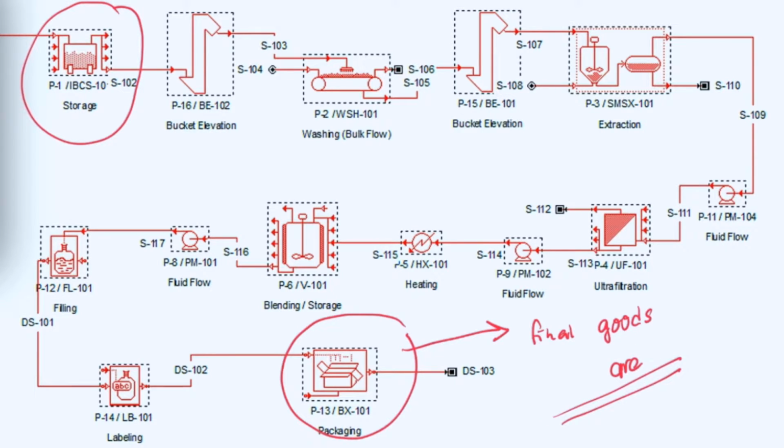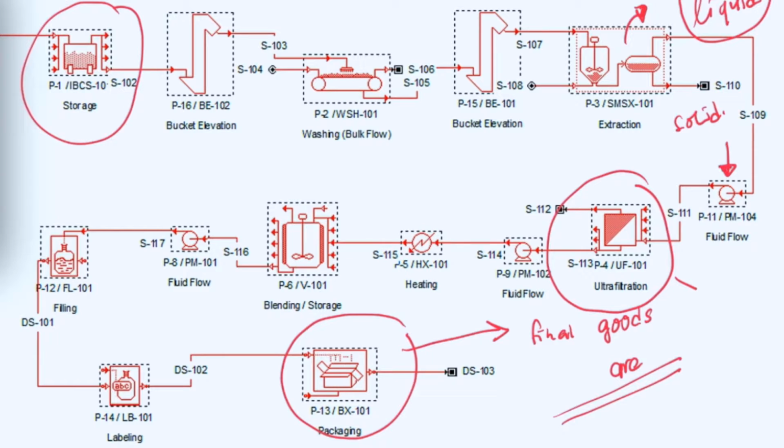Okay, so this system, the whole process will involve few unit operations, and as you can see here, we do have extraction, whereby you're going to have two streams, that is liquid as well as solid. So for this liquid that has been extracted to be transported to the next unit operation, that is filtration, they will need a pump.